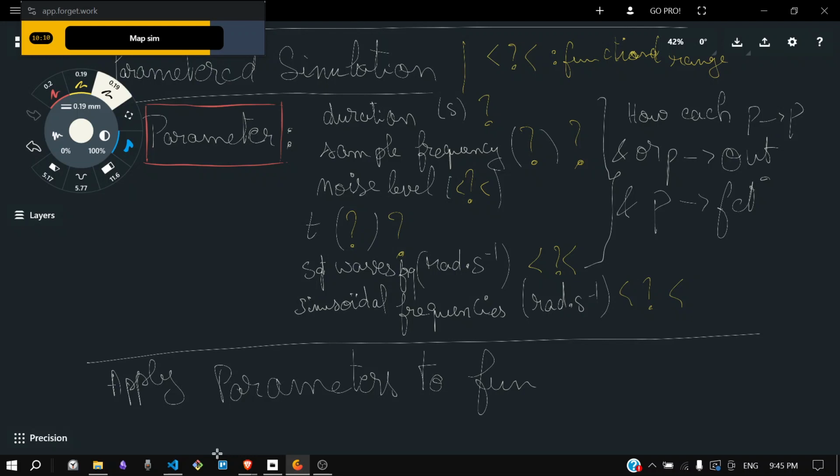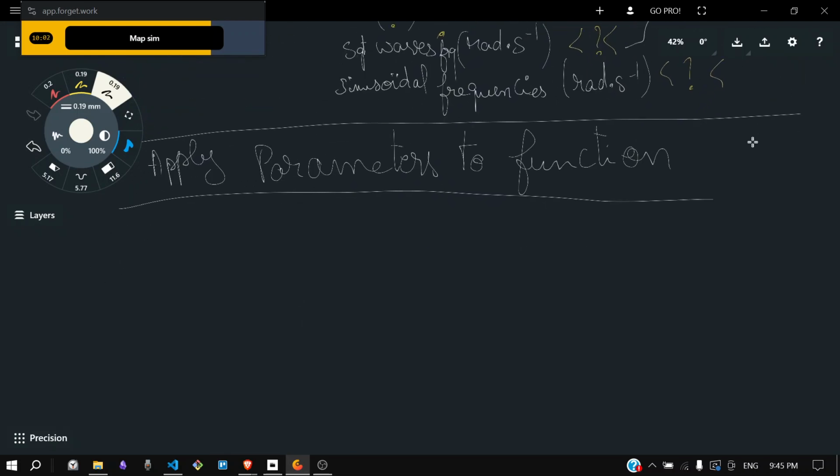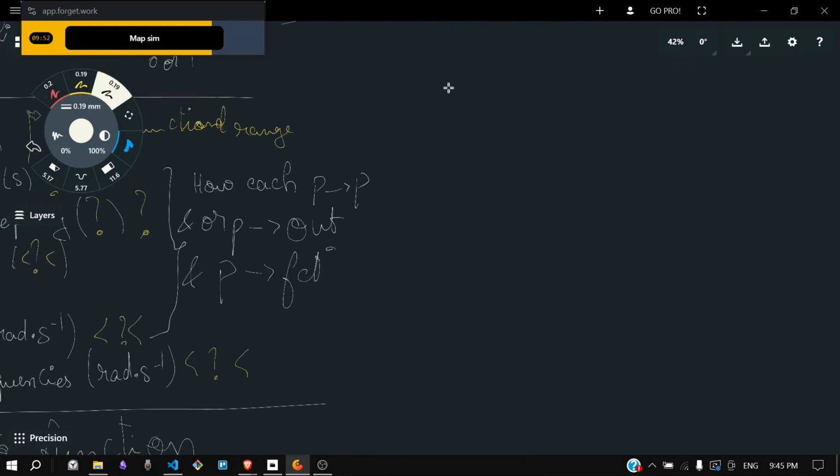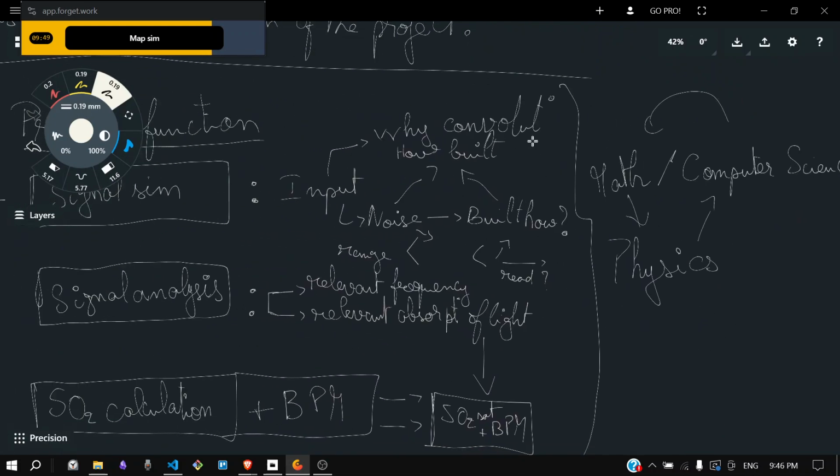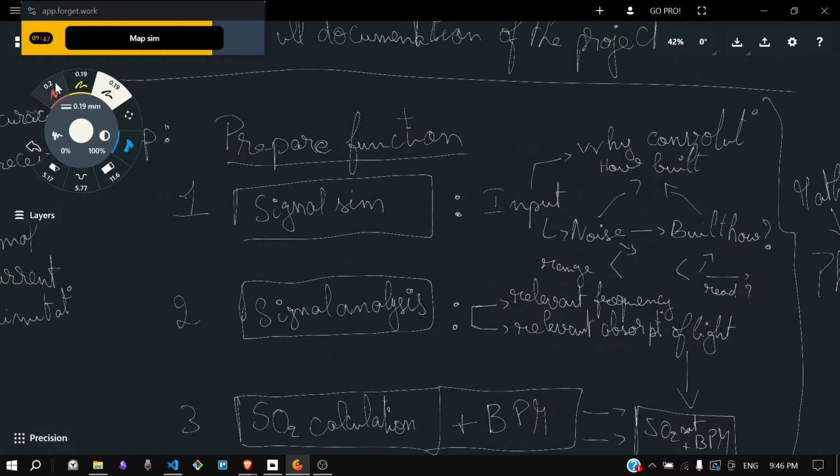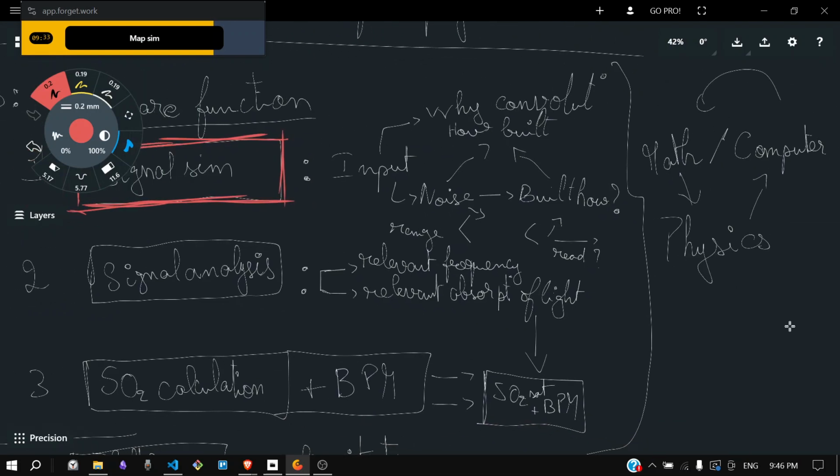So apply to functions, and then we have display output. An interesting part of here, I think this one is also very important. This is kind of the basis of the whole simulation. We're simulating the real thing, and then after that, it's actually a pretty straightforward process.